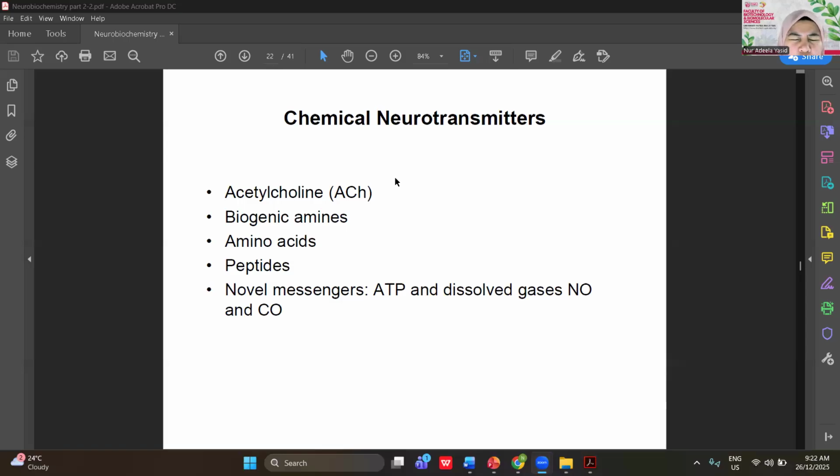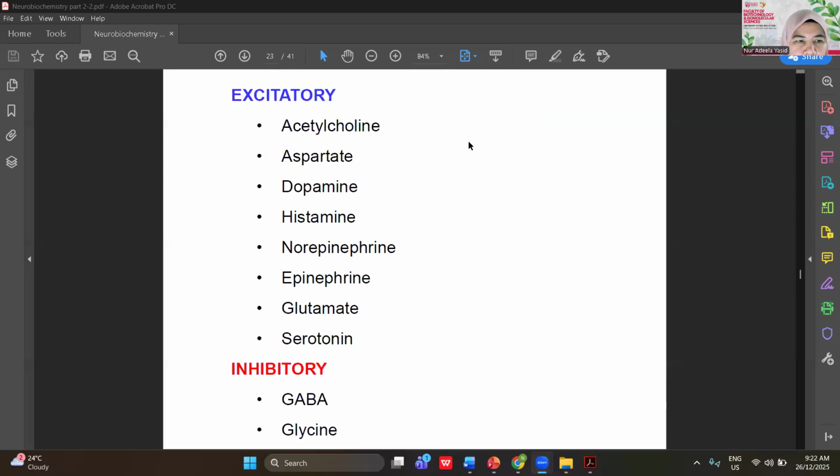So add more information, add more notes on every single point of these chemical neurotransmitters. Same goes for the excitatory and also inhibitory neurotransmitters. What is the role of acetylcholine, aspartate, dopamine, histamine, or epinephrine for this neurotransmitter?